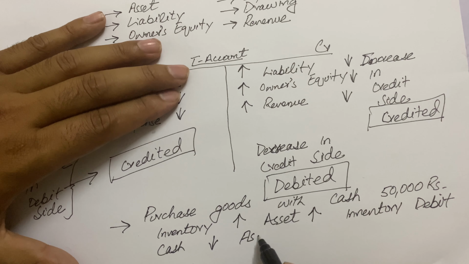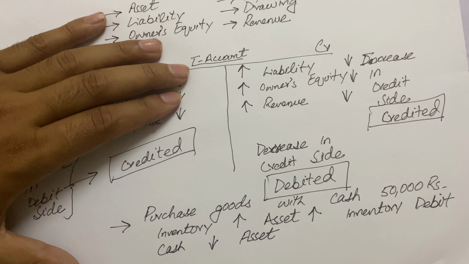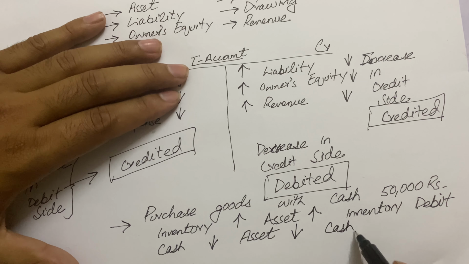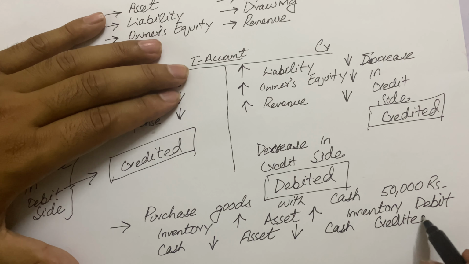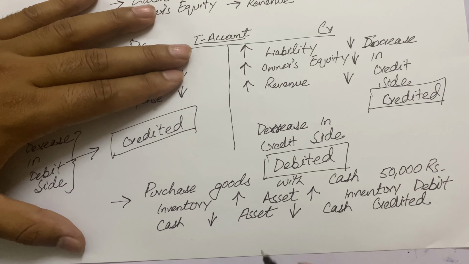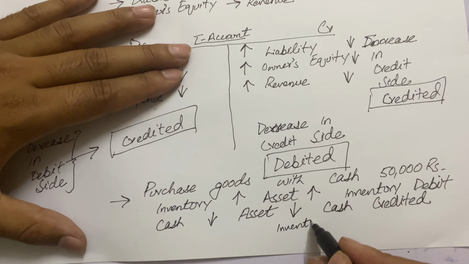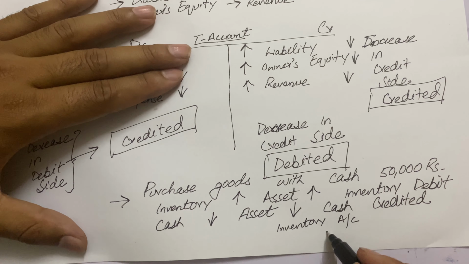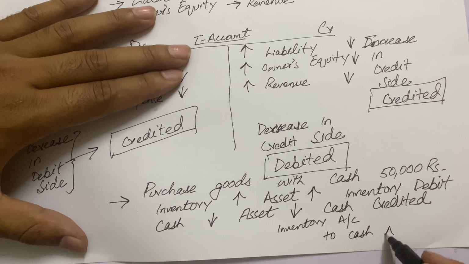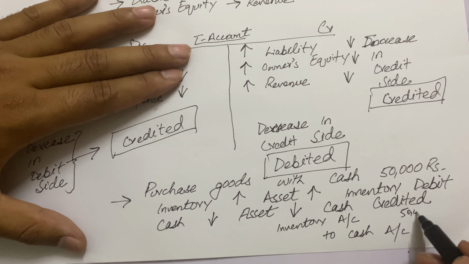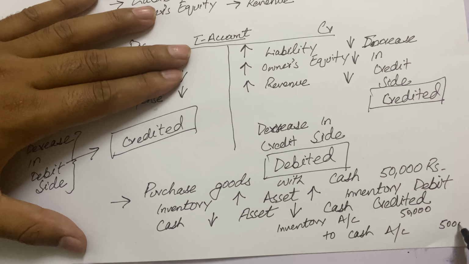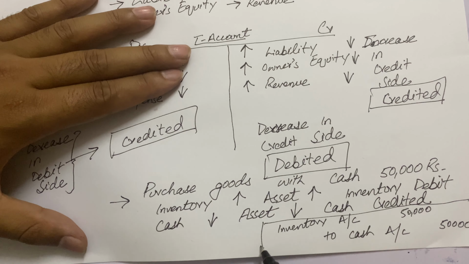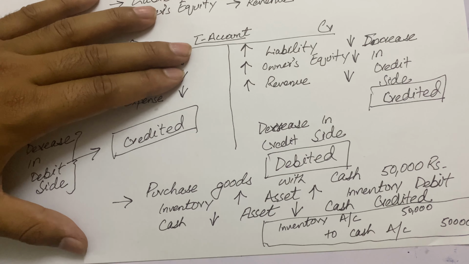Cash is an asset, though it is a current asset, but we will not justify here whether it is current or non-current. When the asset decreases, the cash account gets credited. So the ultimate result will be inventory account to cash account 50,000. That will be the entry that we will post.